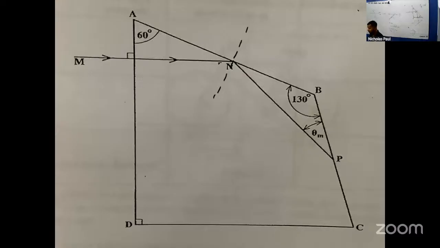How much is here? 90 degrees. So how much is here? 30 degrees. So therefore, how much is here? 60 degrees. Can you explain now why total internal reflection happened?